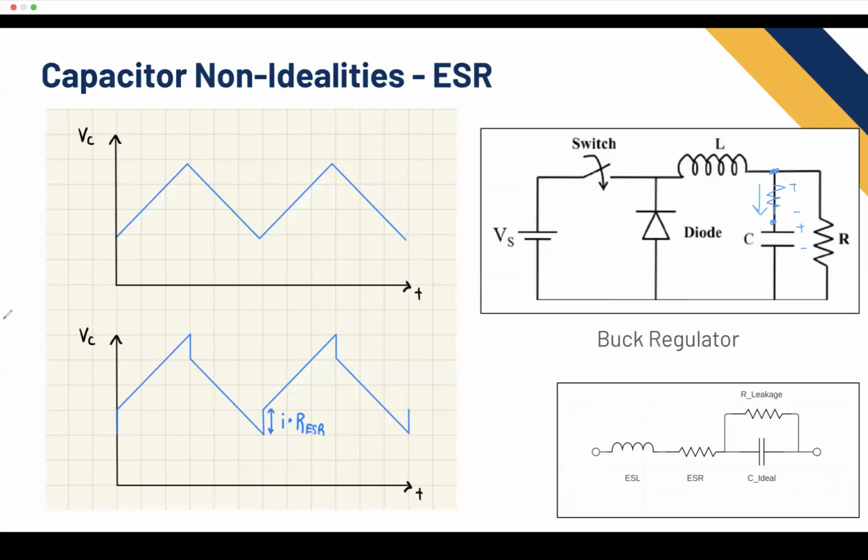And then when current is going the other way, that is out of the capacitor, then you're going to have a voltage drop. So the voltage up here is going to be lower than that on the capacitor. And that's what this dip is.